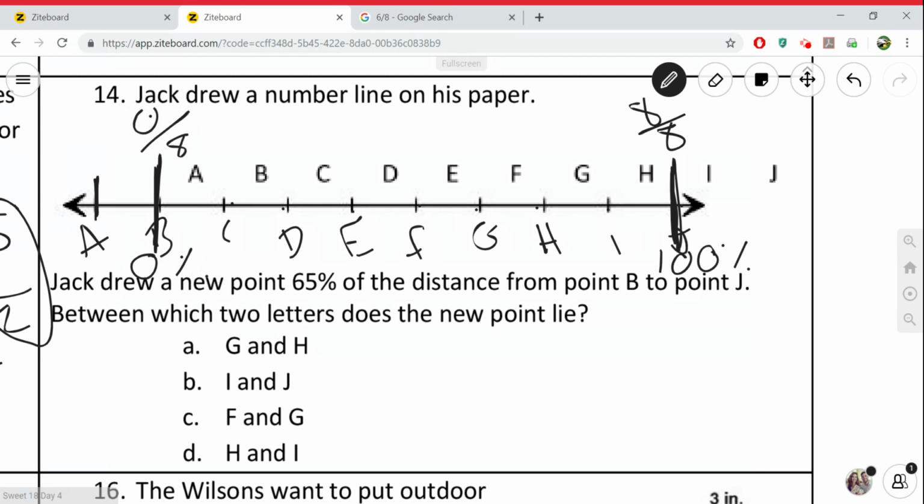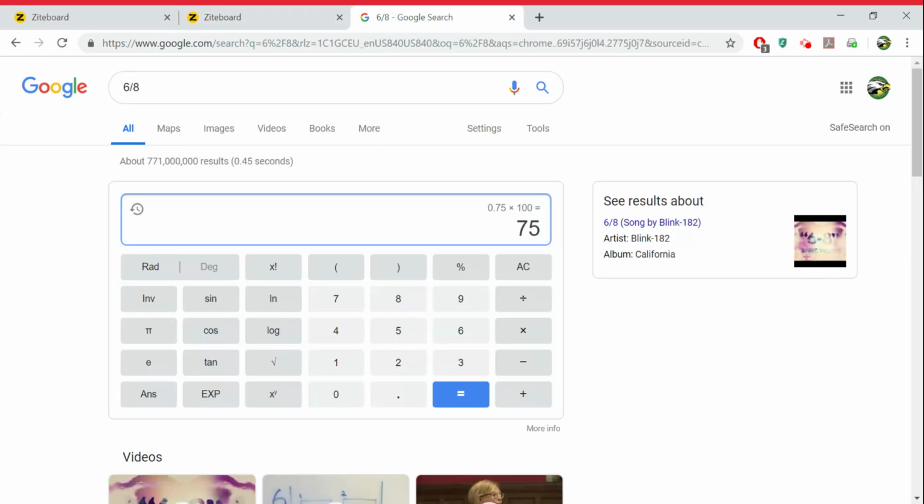Between which two letters does the new point lie? And so we're looking for 65. So if I'm jumping by 8, I know that halfway will be 4. So 1, 2, 3, 4, and that's going to be 50. Then I know that half of 50 is 25, so that's going to be 25. And if I do half of that, that's going to be 75. So what I do now, it's divided by 8, so I don't really know what's in the middle.